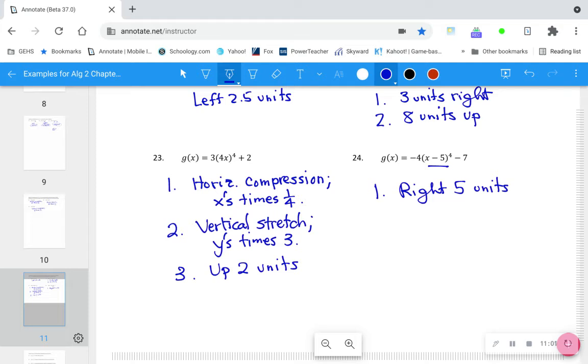So it goes to the right with a minus. And then this is a times 4 out here and later a negative tacked on it. So second one here is vertical because it's outside. And multiplying the y values times 4 makes them taller, so it's a stretch. And the y's times 4.